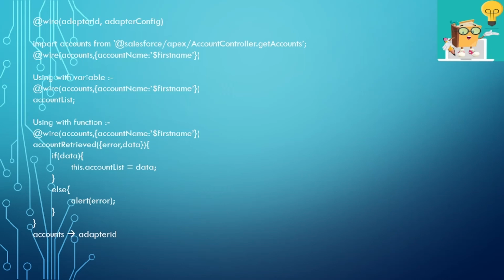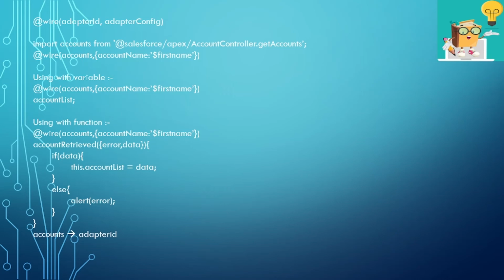In simple terms, let's say you have a text box in which you are entering a value, and as soon as you enter it, you assign the value of the text box to the variable firstName. As soon as you assign it, your framework detects that there is a change in the value of firstName.